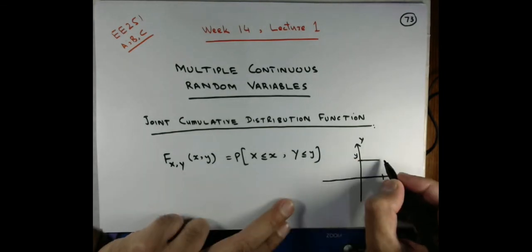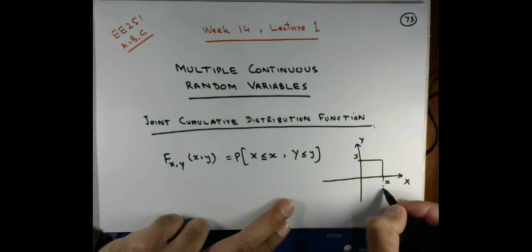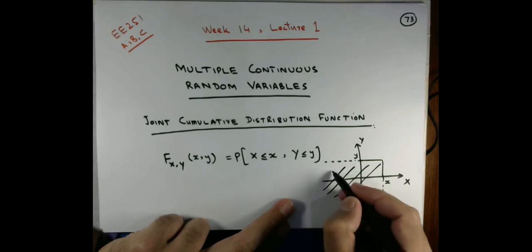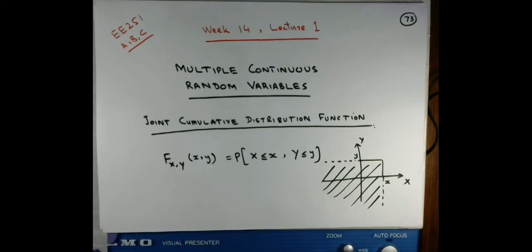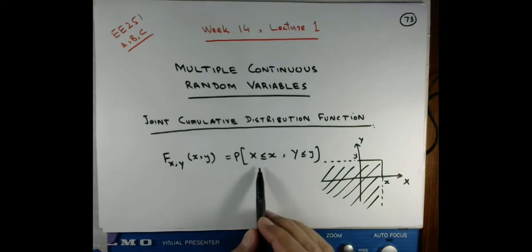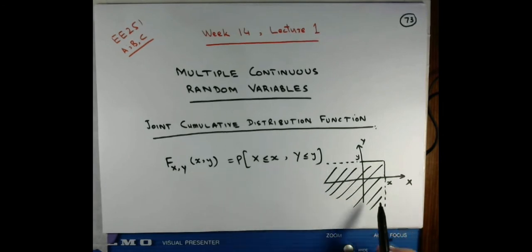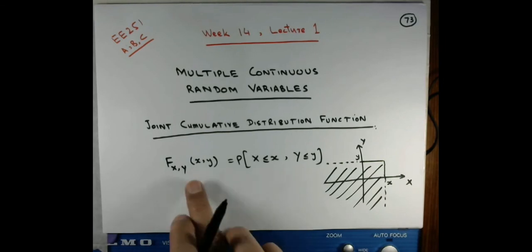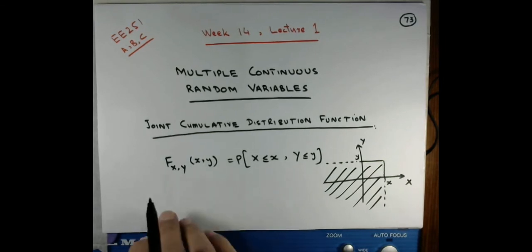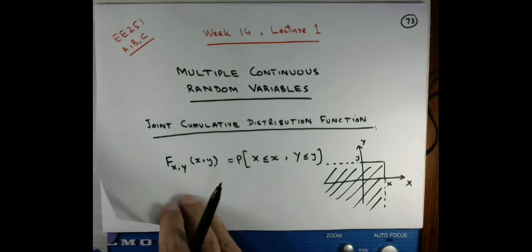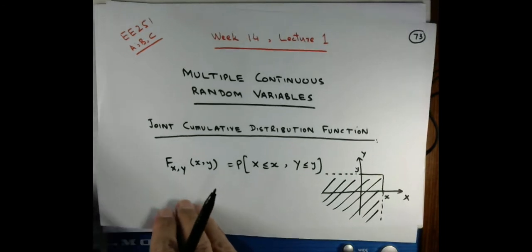So this gives us this whole region, which is nothing but the event that X is below this value and Y is below this value. All taken together, the probability of all this is the joint CDF. I hope this is understandable.